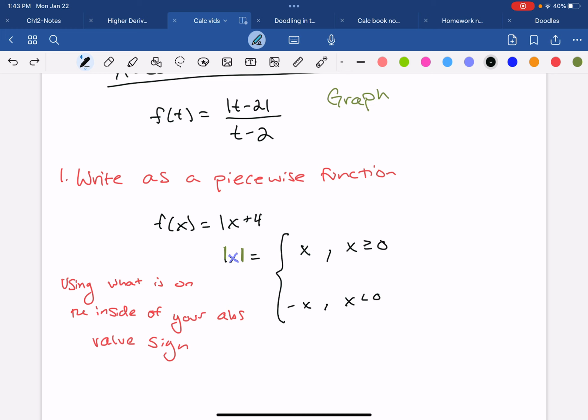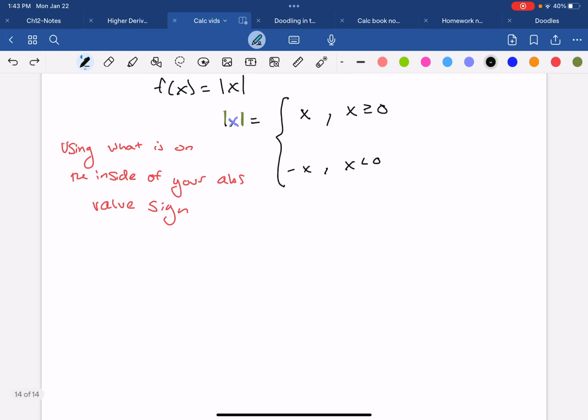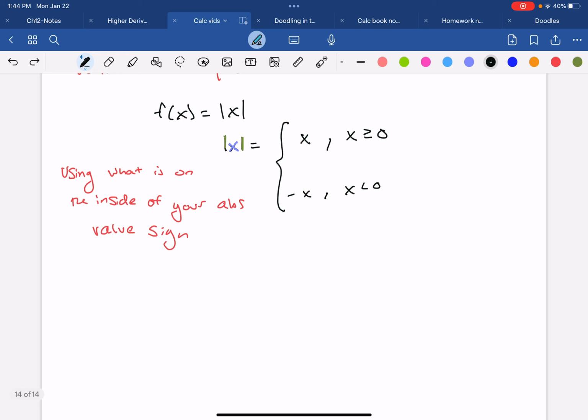So when we're working with these piecewise functions like this, what you're doing is you're just taking anything inside of the absolute value sign, and then you're plugging it into this format.